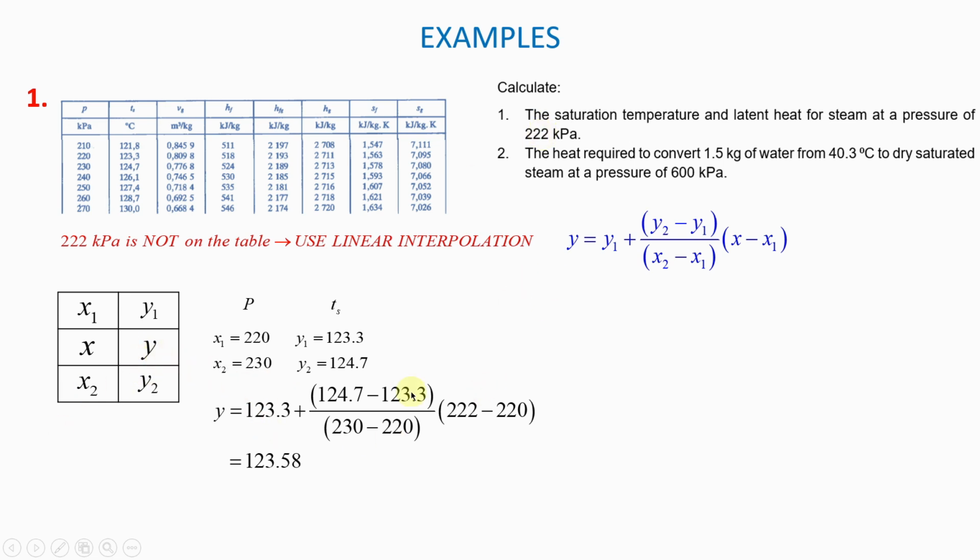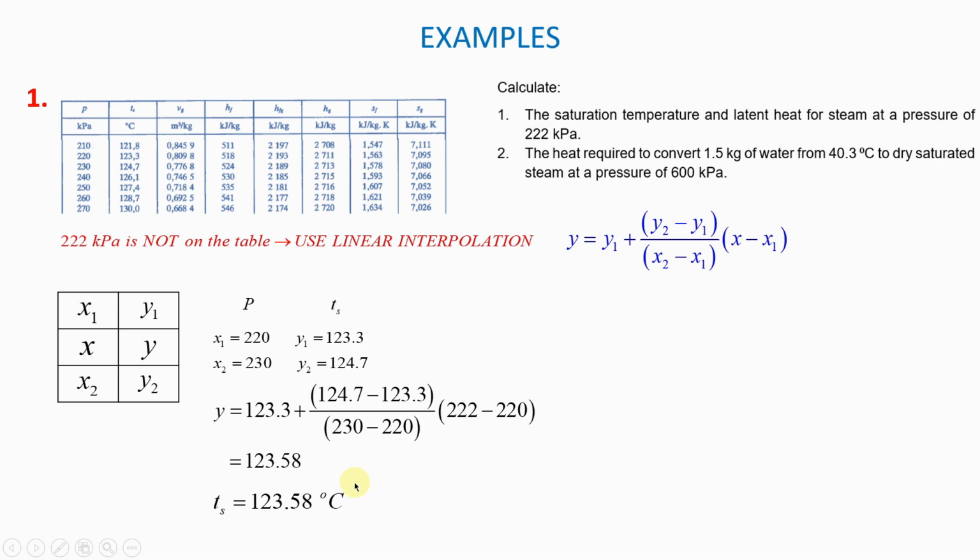Plugging in the numbers like that, you find that y is this. And so, the saturation temperature for a pressure of 222 kilopascals will be 123.58 degrees. We found it using this linear interpolation equation. The value that you get for y in this case is what gives you the saturation temperature.